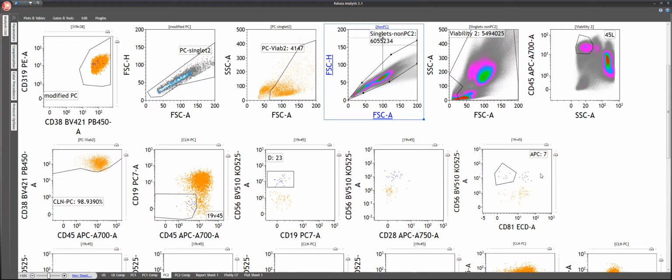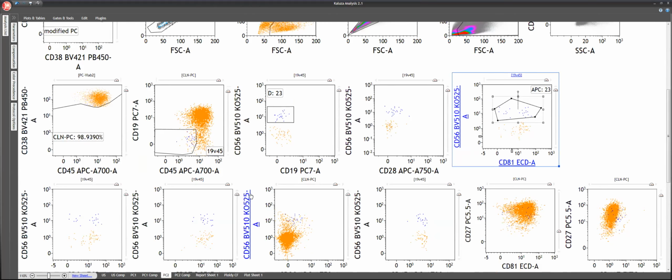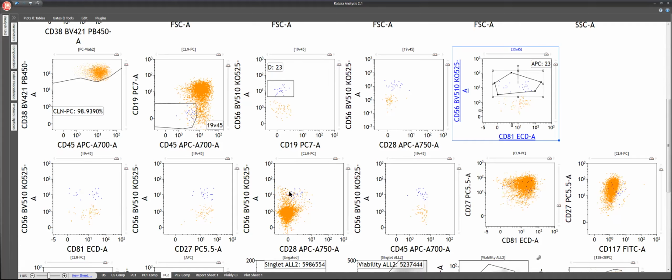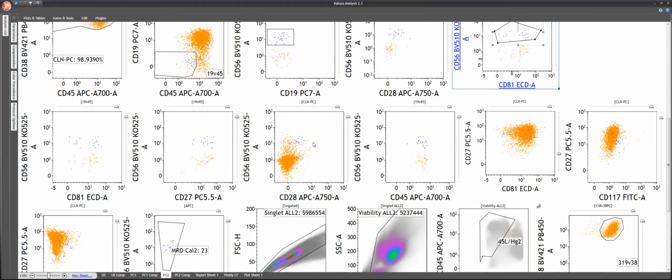You can see some are CD81 positive, some are CD81 negative, CD56 positive, and possibly there are CD28 dim positive cells. Compared to the normal plasma cells, looks like there are CD20 and CD28 dim positive also. All 23 events are CD28 positive, which is another abnormal antigen expression. They are CD56 positive, CD19 negative, CD45 negative, and CD38 dim.